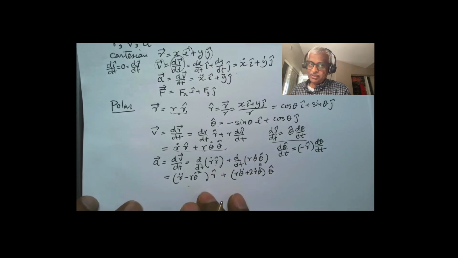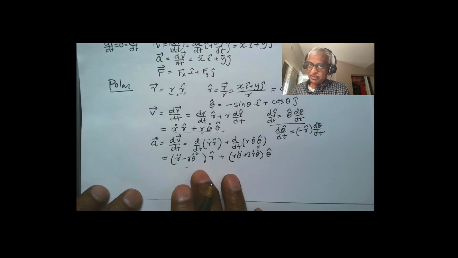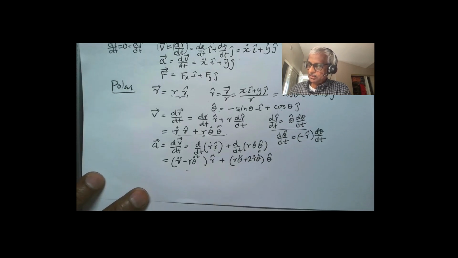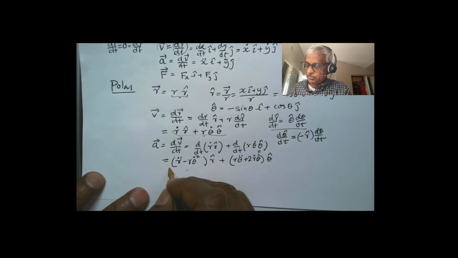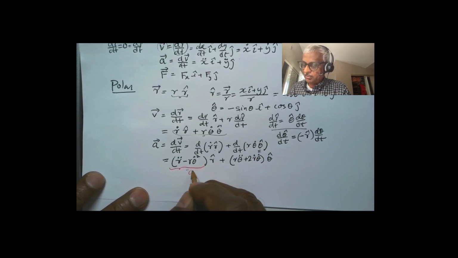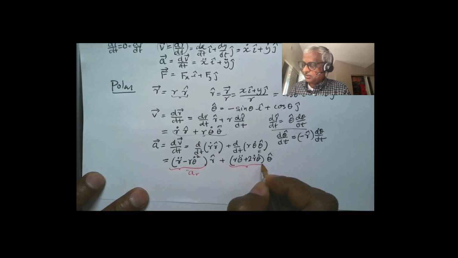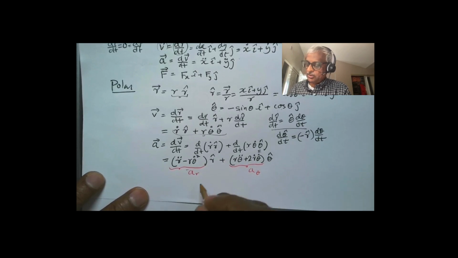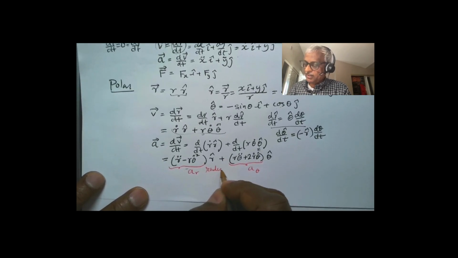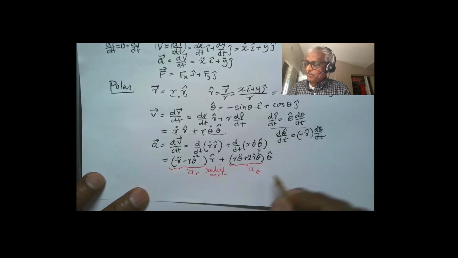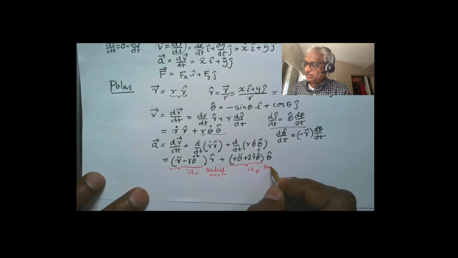So this quantity here is called the radial acceleration; we can call it a sub r, and this quantity comes along theta. So this is called radial acceleration, and this is called tangential acceleration.